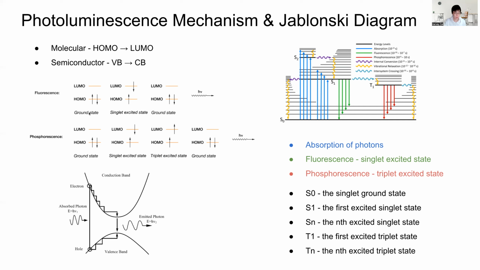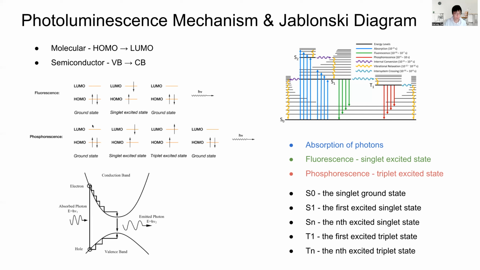So when the electron goes from the ground state, and a light or a photon is absorbed, it will go through an excited state to the LUMO, which represents the lowest unoccupied molecular orbital. And when it goes back to the ground state, a light will be emitted from the material, and fluorescence will occur. And there's another type of photoluminescence.